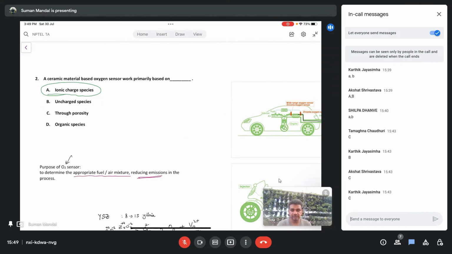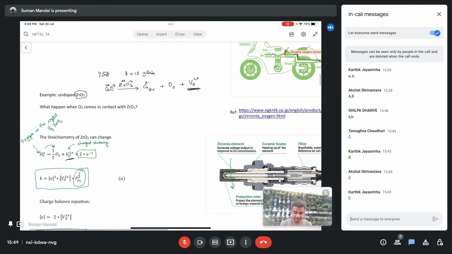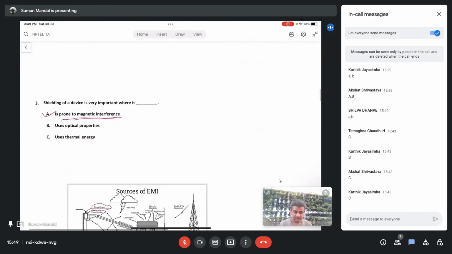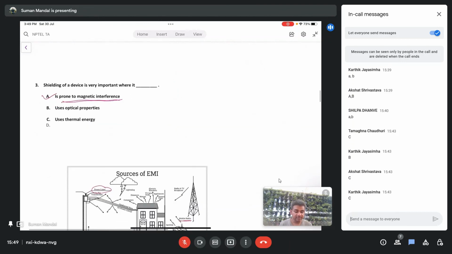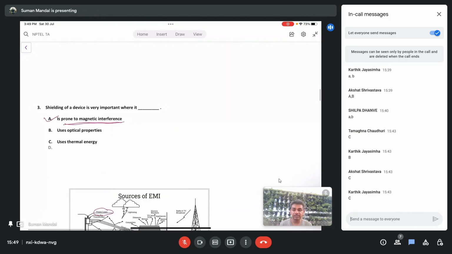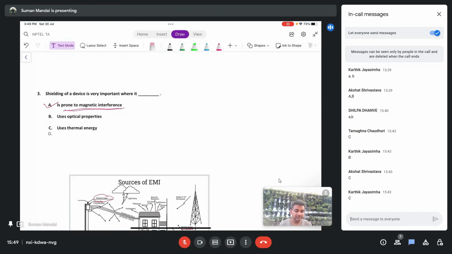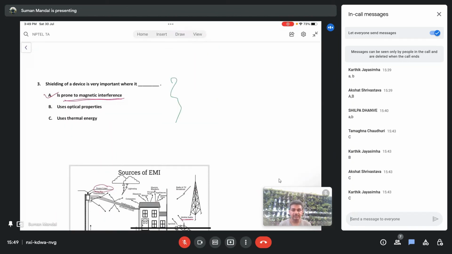In this case, we used it for sensors, or you can also use it for very strategic applications, for example, in the space industry. So what happens is that enemy nations, when we have a defense satellite, will try to hack those satellites, or they will try to divert the satellite from its path.